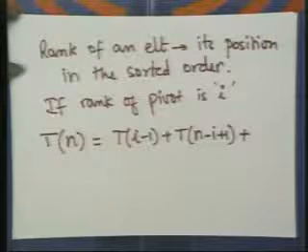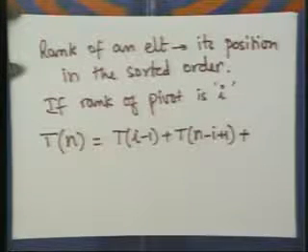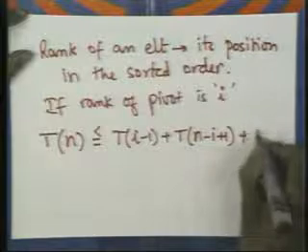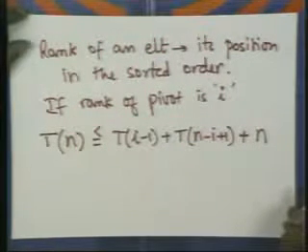What was this time? How did we partition the array? Well, we compared each element to the pivot, putting the lesser ones on the left and the larger ones on the right. So we compared every element to the pivot, and the number of comparisons is n minus 1. For ease of calculation, we'll just say this is less than or equal to n. It will not bother us much.